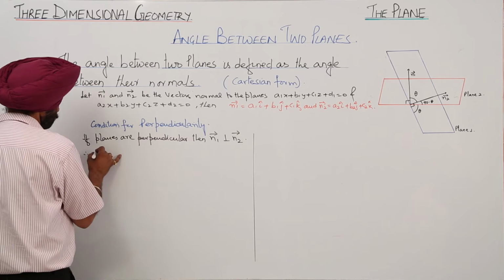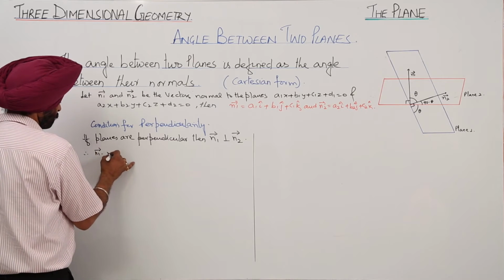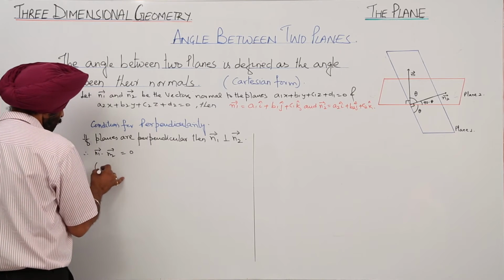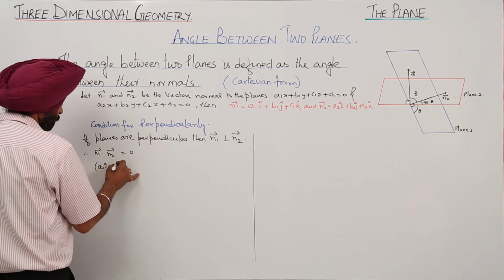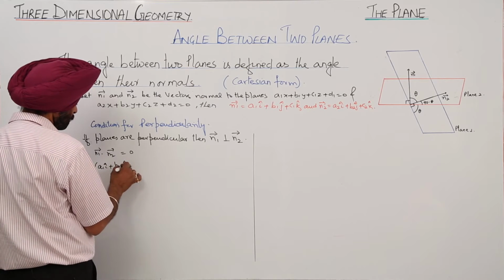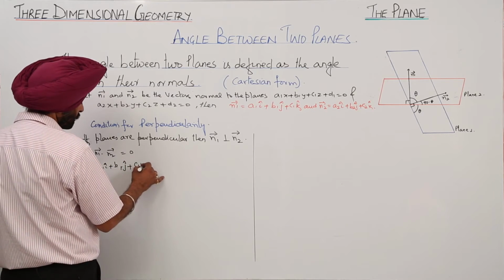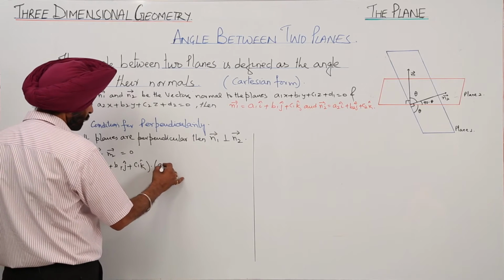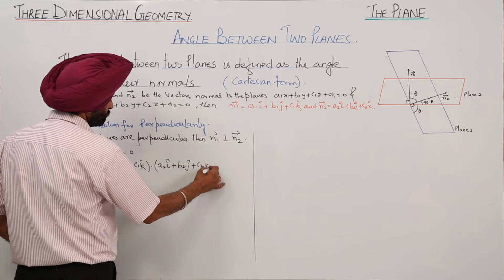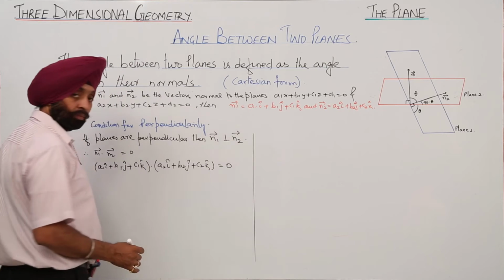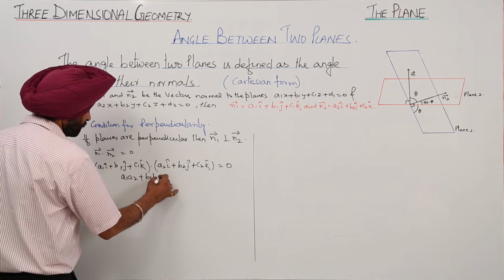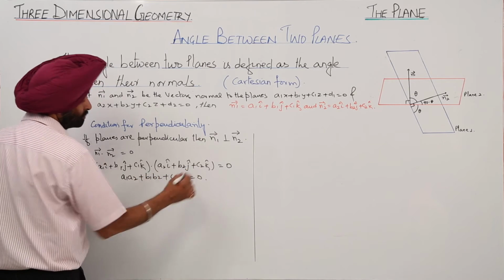Therefore, vector n1 dot vector n2 is equal to 0. Now n1 is a1 i cap plus b1 j cap plus c1 k cap, dot product with a2 i cap plus b2 j cap plus c2 k cap is equal to 0, or the dot product shows a1 a2 plus b1 b2 plus c1 c2 is equal to 0.